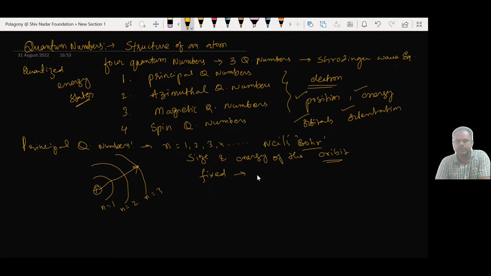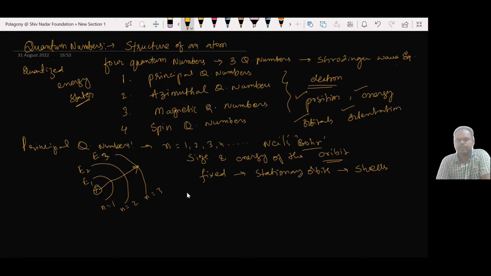Hence, these energy levels are called stationary orbits or stationary shells. These stationary shells are the main energy levels E1, E2, E3. So E3 has more energy than E2, and E2 has more energy than E1.